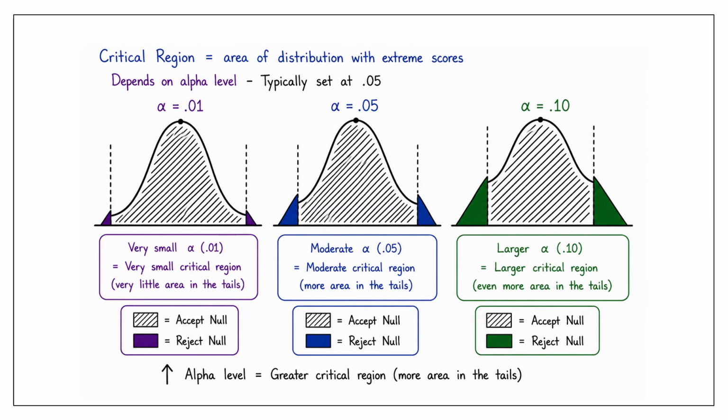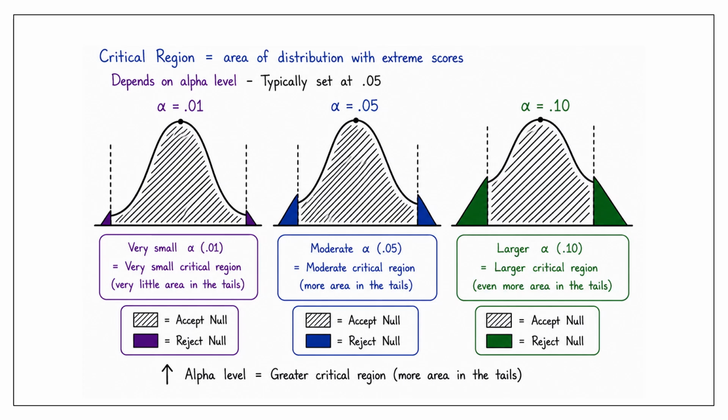So here you have my written notes that hopefully better show how the alpha level is going to influence the critical region. The alpha level is a decision that we make as researchers about what percentage of scores we will consider extreme.